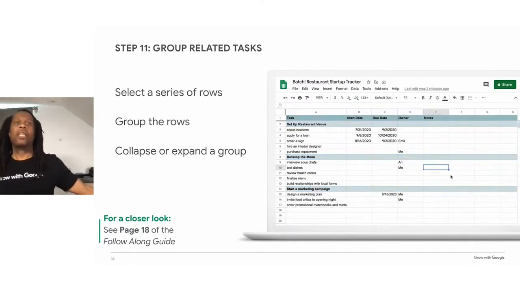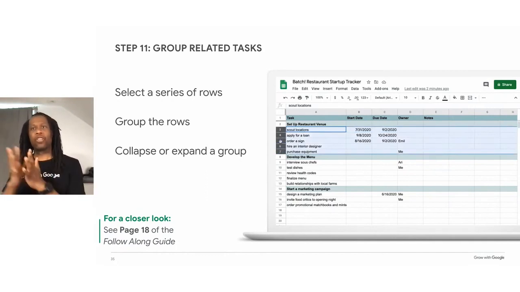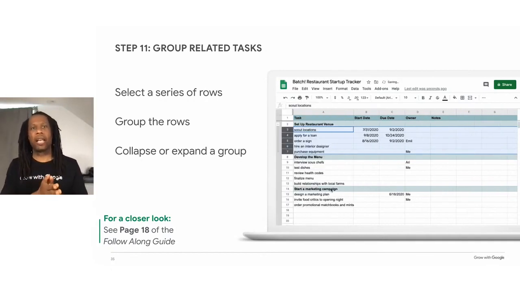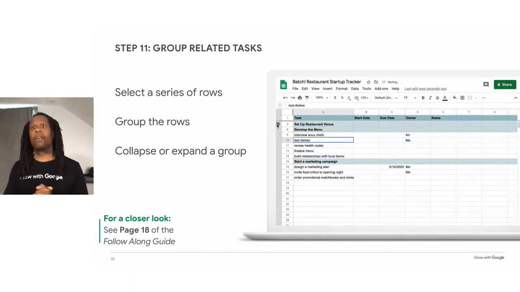Let's use another tool to make the spreadsheet easier to read and use. We've already created categories for tasks. Now group the tasks under that row. The animation on the right shows a user selecting multiple rows that contain related tasks. You can select a row that contains the task in a single group. To select multiple rows at once, you would hold the Shift key on your keyboard and click on each row number.